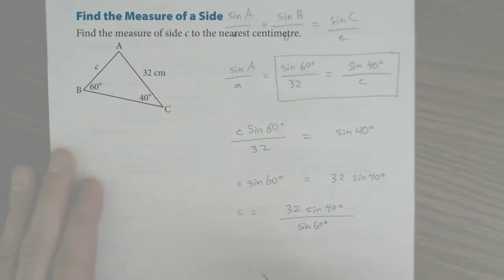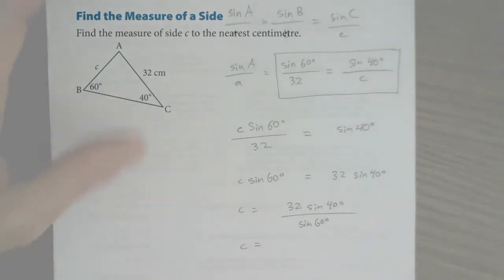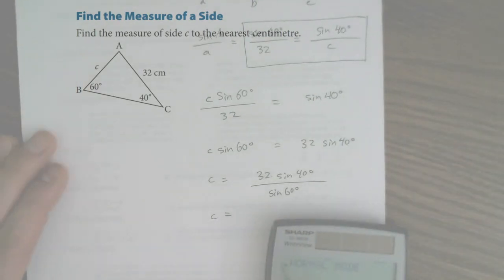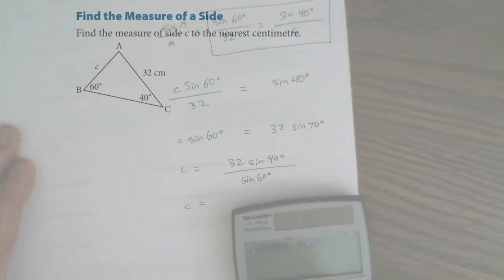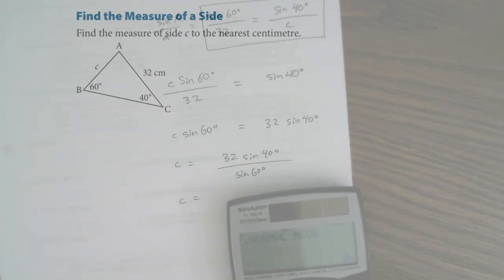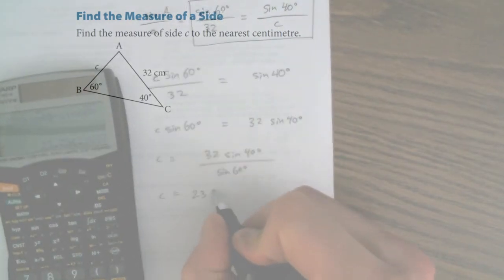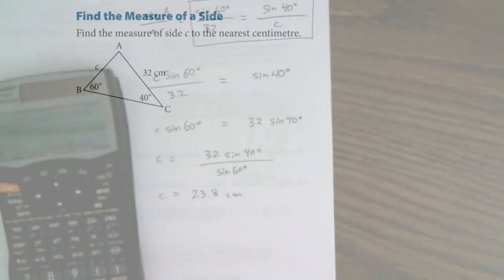Now that I have C by itself, I'm just going to crunch all those numbers all at once. Let the calculator do the hard work. 0.8 centimeters.